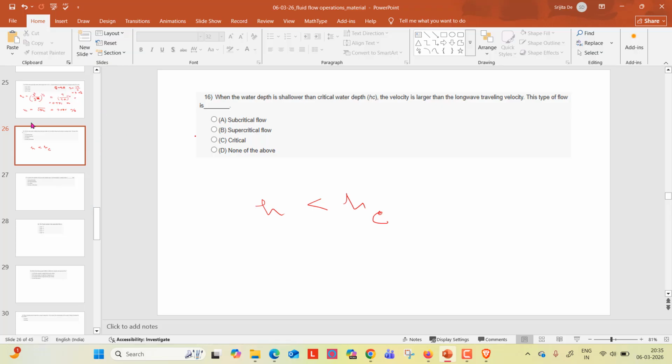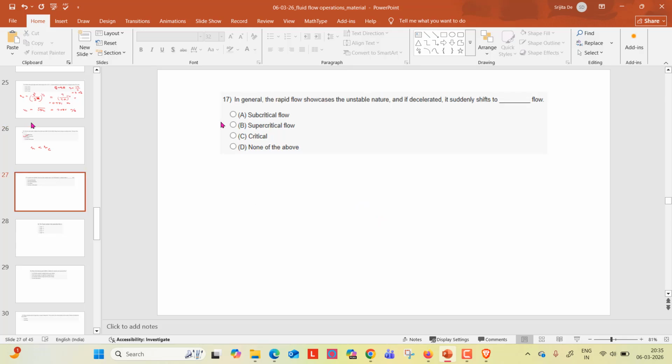Next. In general, the rapid flow showcases the unstable nature, and if decelerated, it suddenly shifts to what? So in general, rapid flow showcases an unstable nature. If decelerated, it suddenly shifts to subcritical flow. That is called the hydraulic jump.